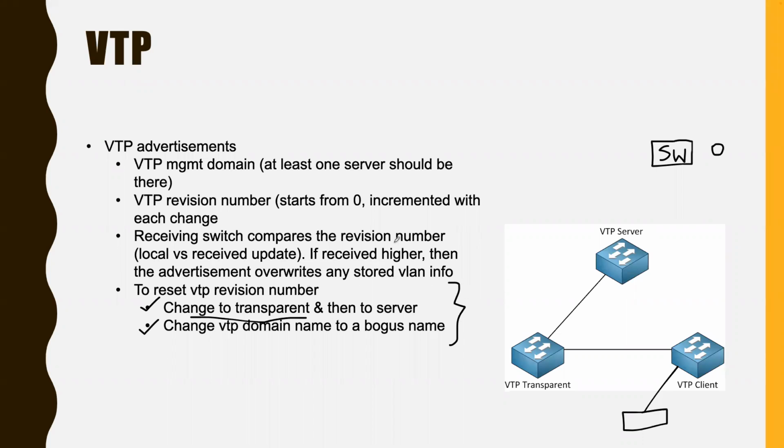It is just another feature to propagate the VLAN information. As I said, there are, let's say, 20 switches in your network. You do not want to log into each switch and configure all the VLANs. You just configure, let's say, VLAN 20 over here, VLAN 30 over here, and this VLAN information will get propagated to all of these switches.